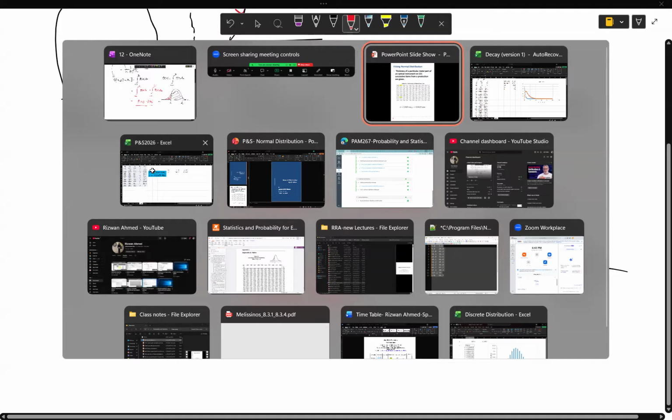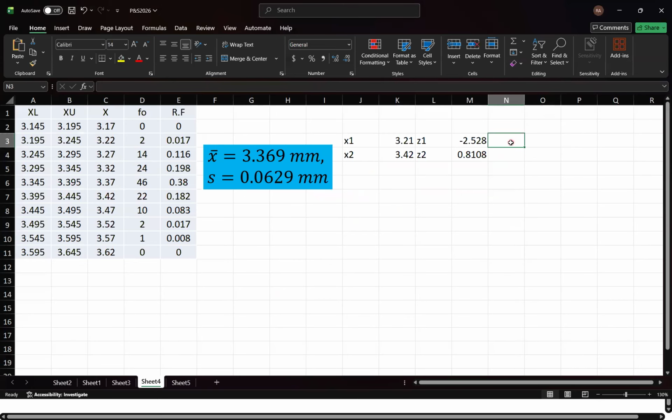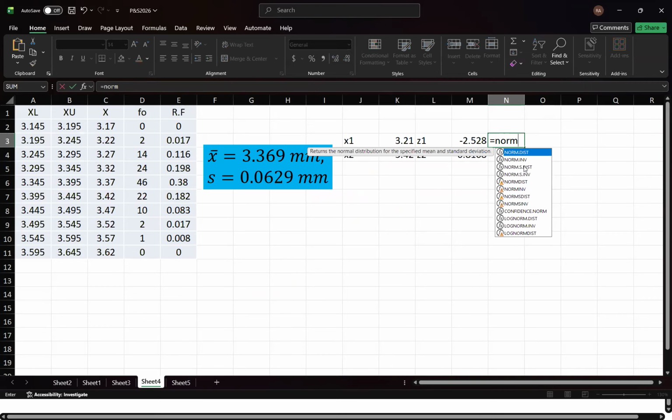In the Microsoft Excel sheet, there is a function available to calculate these values. I will use NORM.S.DIST. There was very interesting information right there: it returns the standard normal distribution, which has a mean of 0 and a standard deviation of 1. It only requires z to be provided, so I pick up this value from here.